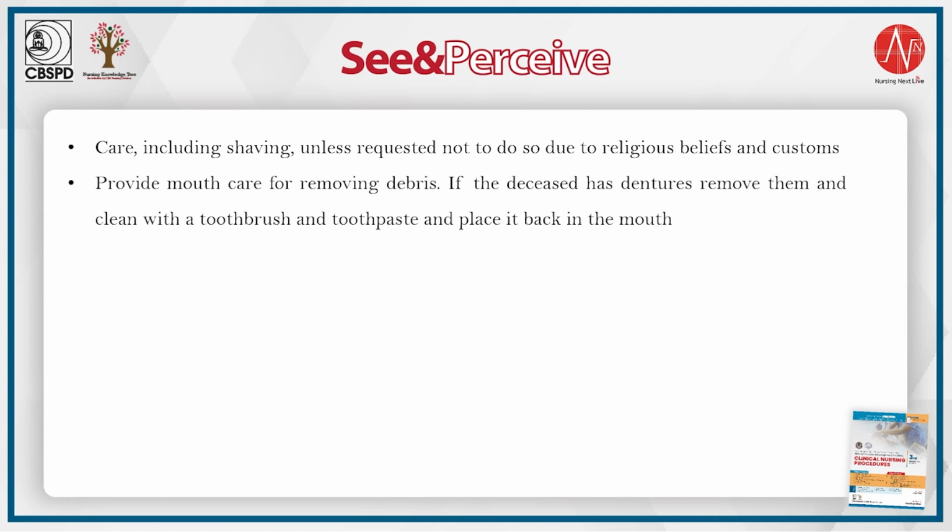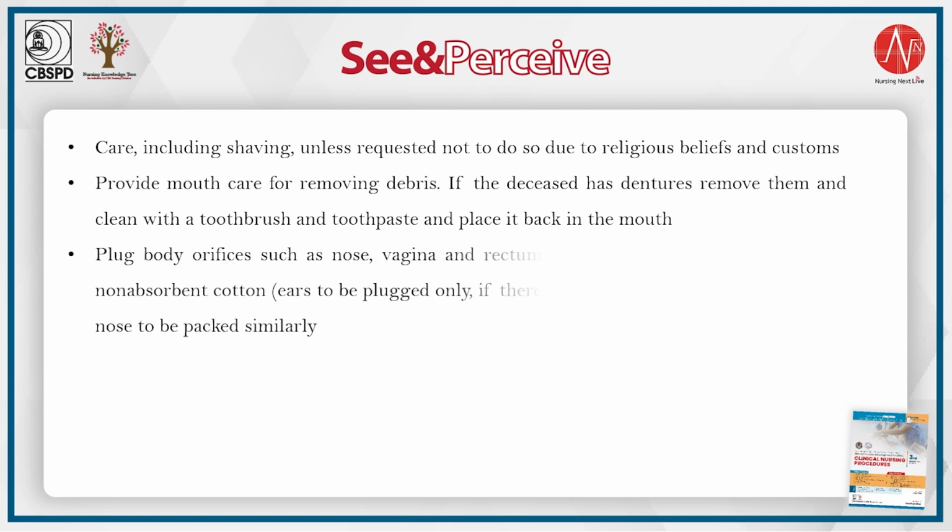Provide mouth care for removing debris. If the deceased has dentures, remove them and clean with a toothbrush and toothpaste and place it back in the mouth. Plug body orifices such as nose, vagina, and rectum with absorbent cotton, followed by non-absorbent cotton.